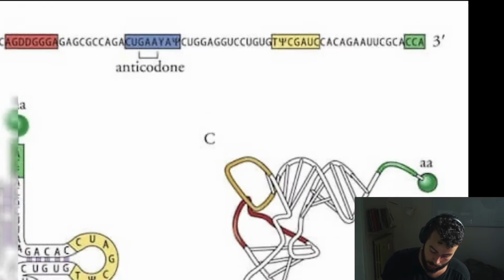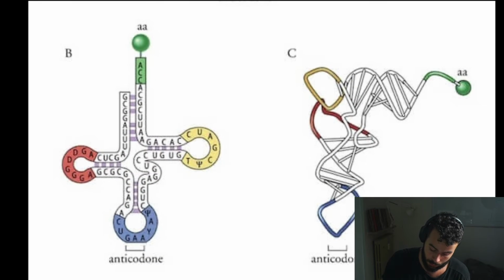This tRNA molecule, and let me give you a better zoom in, is going to have very specific and important places. It's going to have the acceptor arm, which is going to accept the amino acid through specific covalent chemical bonds.